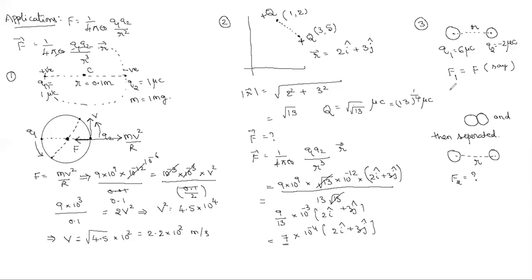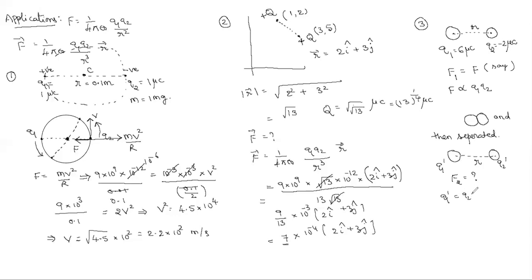So can I write F is directly proportional to Q1 Q2? Yes, because 1 by 4 pi epsilon naught is constant, and R is also the same first time and second time. After separating them to the same separation, F1 by F2 equals Q1 Q2 by Q1 dash Q2 dash.